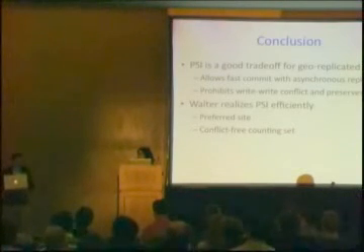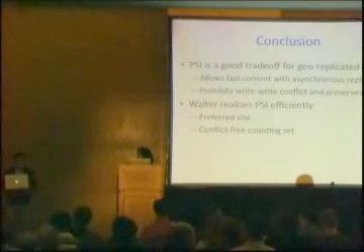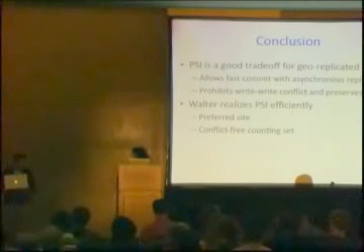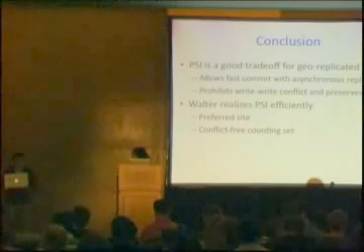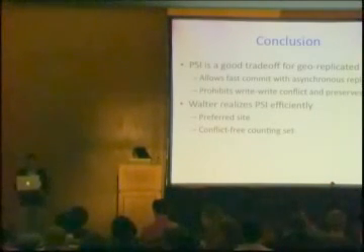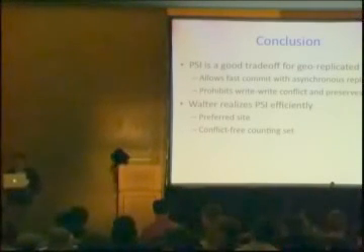Eventual consistency has problems other than the issue of being able to resolve conflicts. For example, you can read some element in the set, and later it disappears, even though nobody has deleted that element. With counting set and with PSI, this will never happen. Right, so my question is, in your applications, is that important?